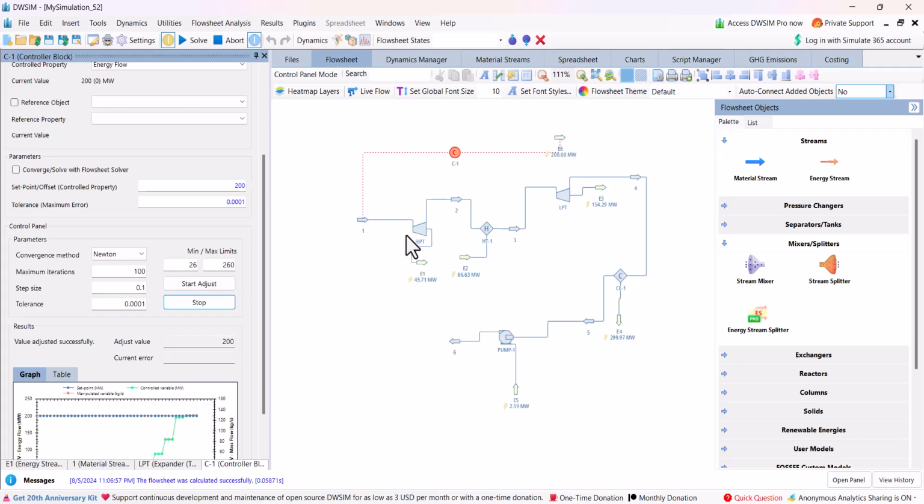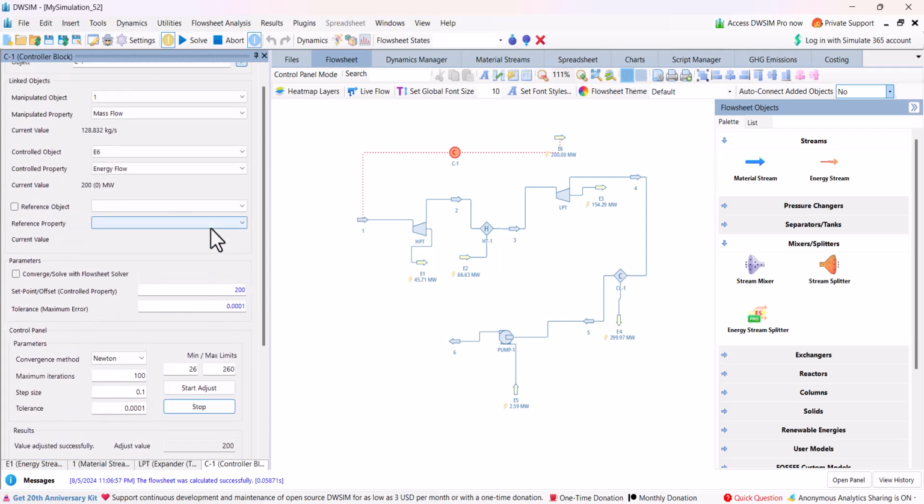Yes, now calculations are finished. So we need around 128.832 kilogram per second of steam to produce 200 megawatt of power. So you can just add, for example, what if you need 250 megawatt of power, how much steam will be required? So you need around 161 kilogram per second.